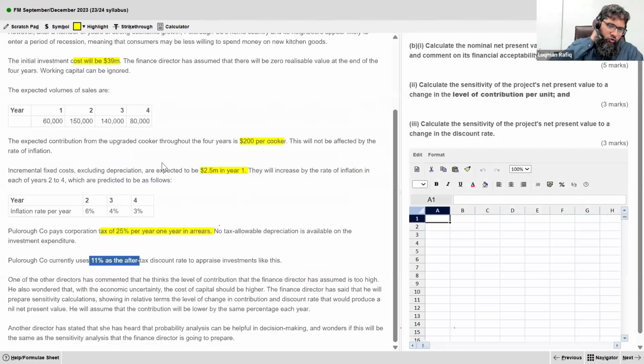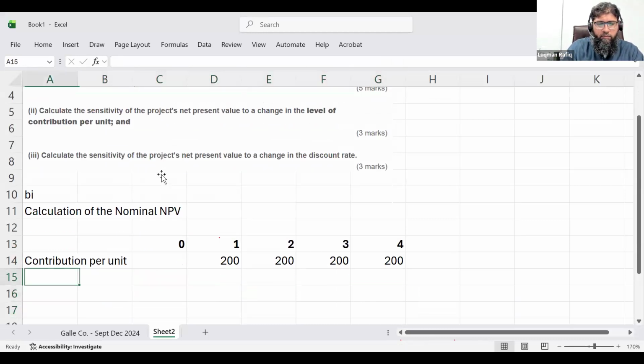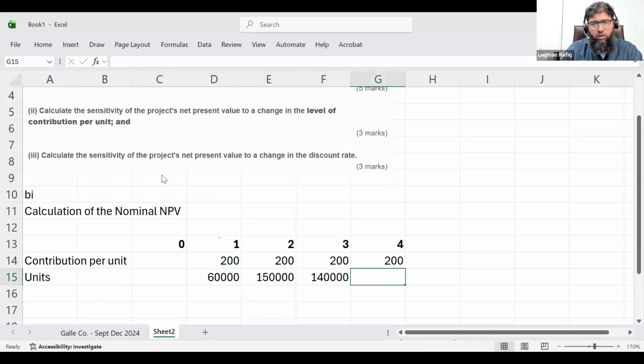When we talk about contribution per unit, we have 200, right? Now the number of units is going to be 60,000, 150,000, 140,000, 80,000.